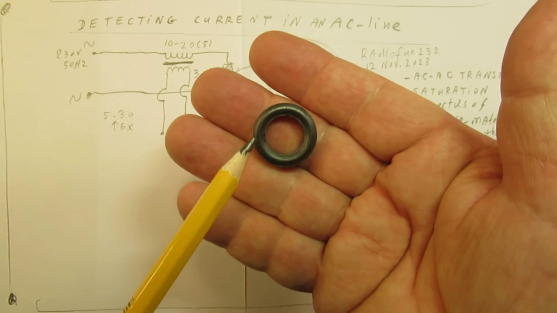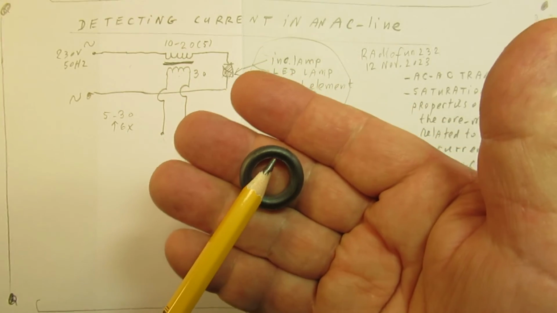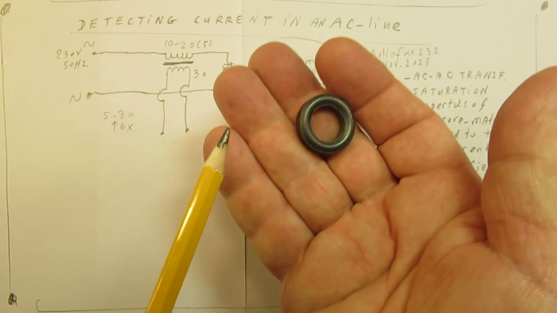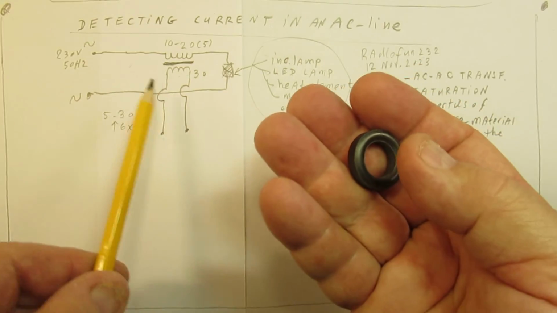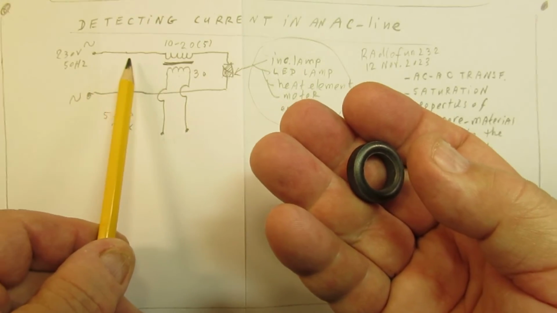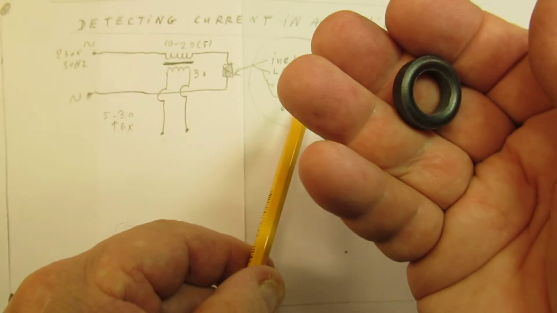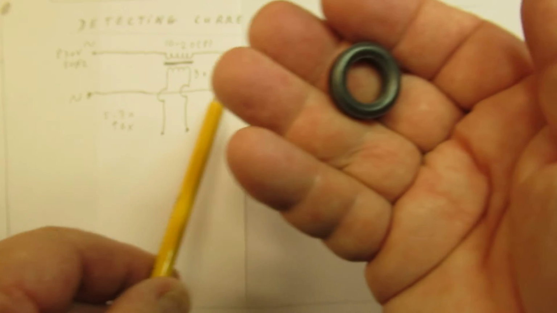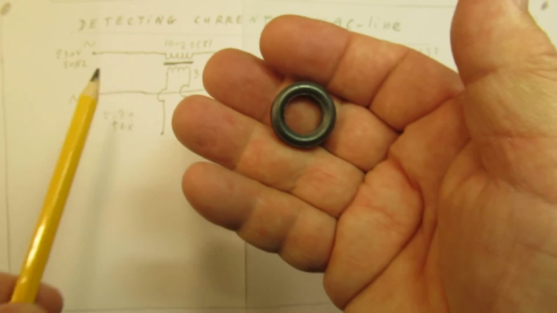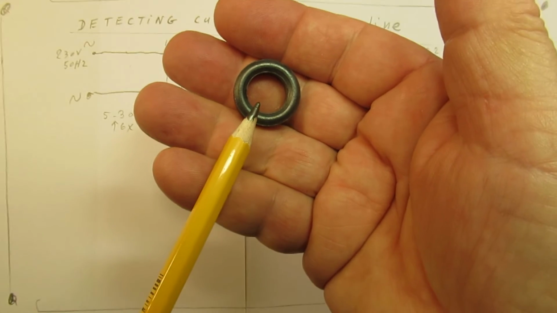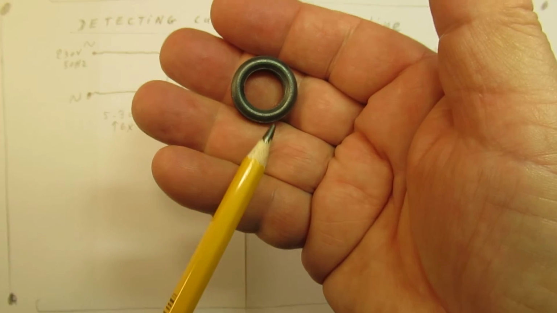You can, for instance, wind here 10 windings and here say 20 or 30 windings. Put that 10 windings here in the lead to the load, could be everything, and then take out the current, and take out the AC voltage.